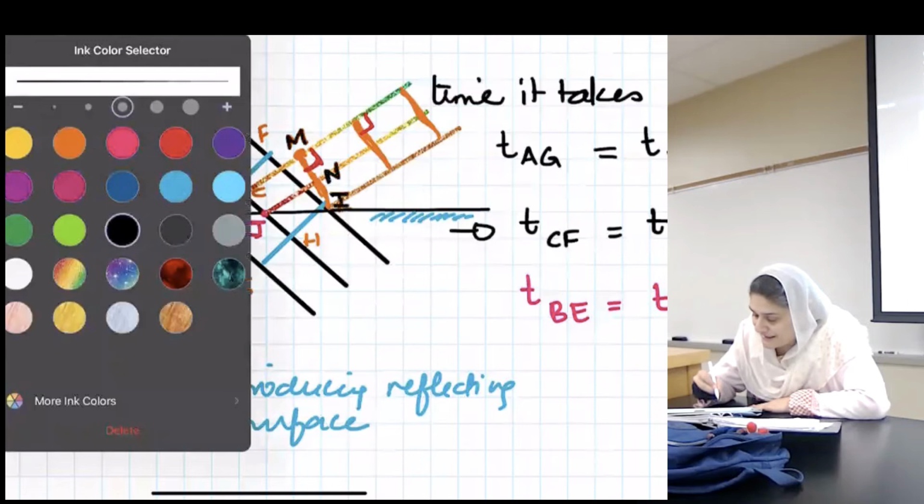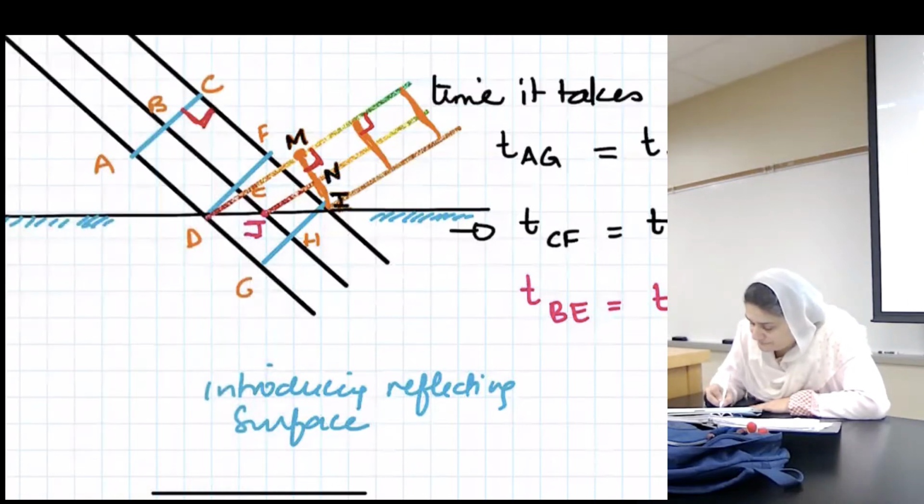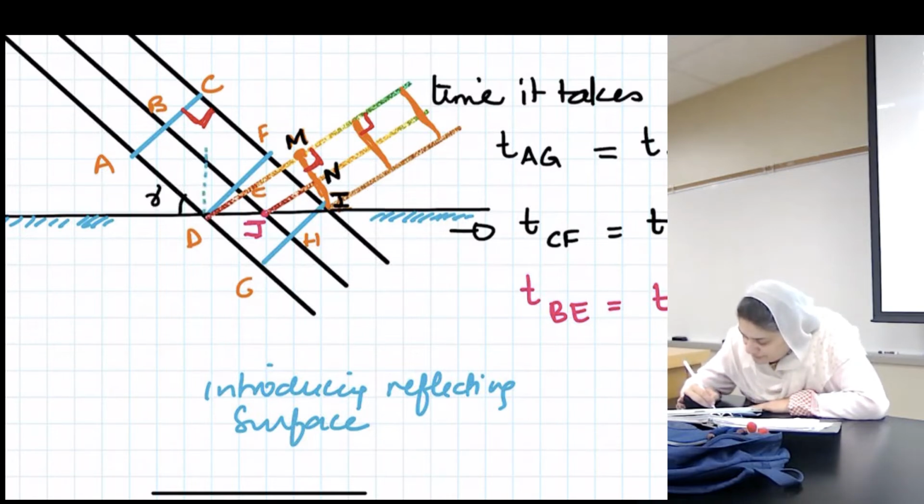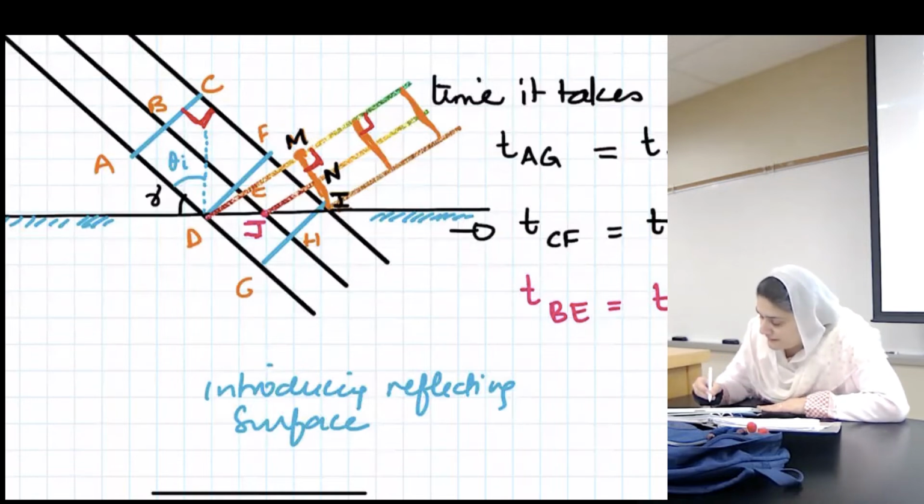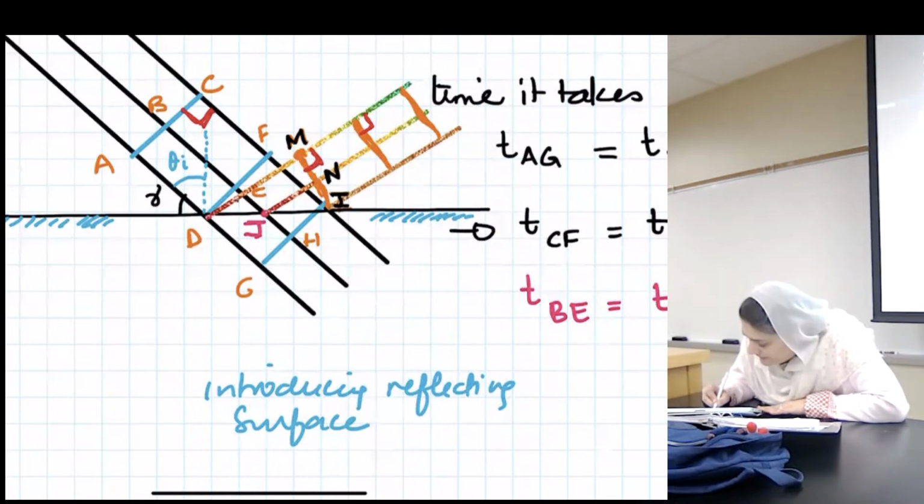If I call this angle gamma, then normal to my new surface, I call this angle theta I. May I call this new angle, the one I colored in, alpha, and I'm going to call this angle beta.